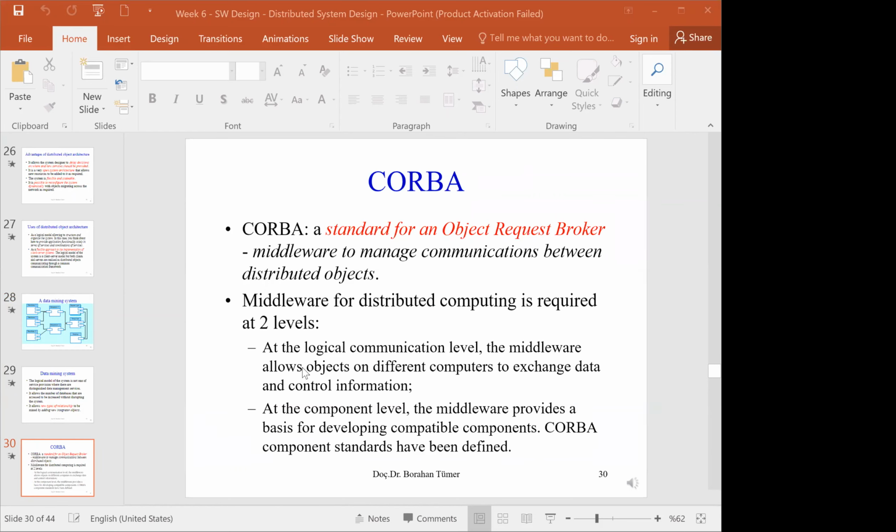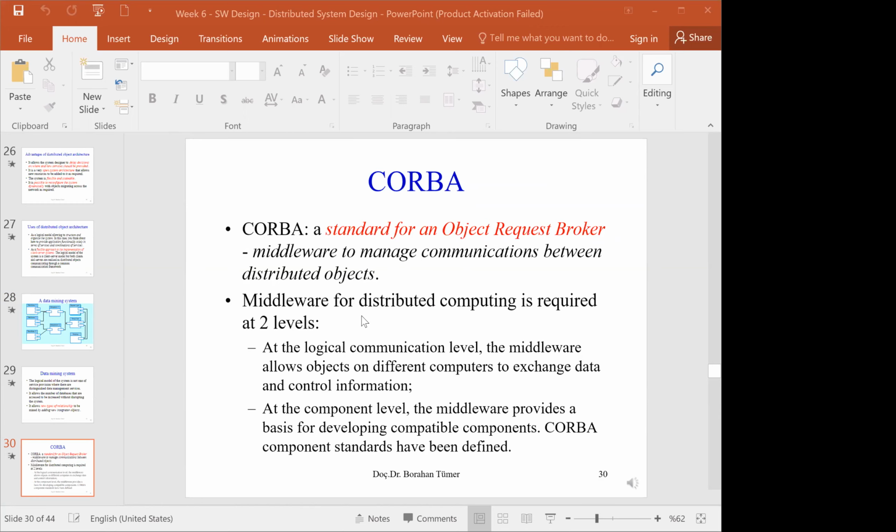Please keep in mind that Corba stands for Common Object Request Broker Architecture. So this is a middleware to manage communications between the distributed objects.